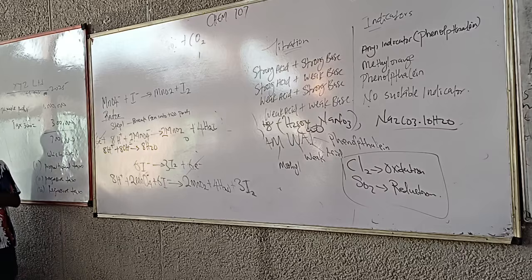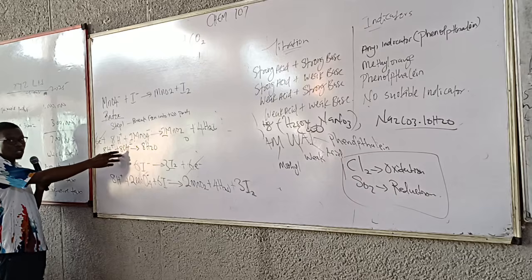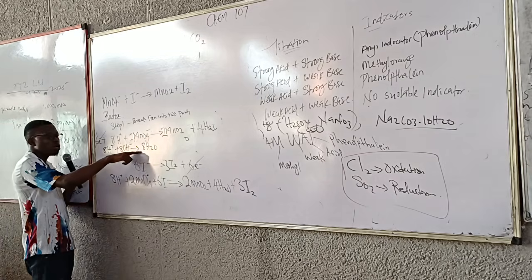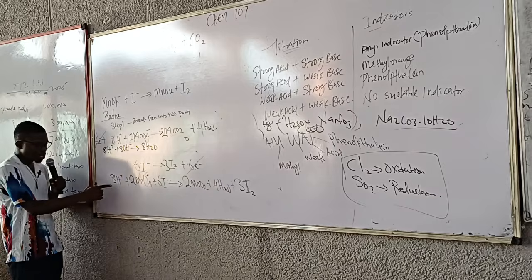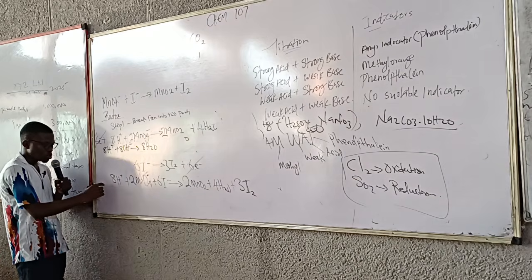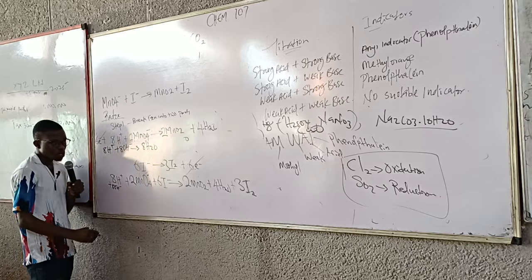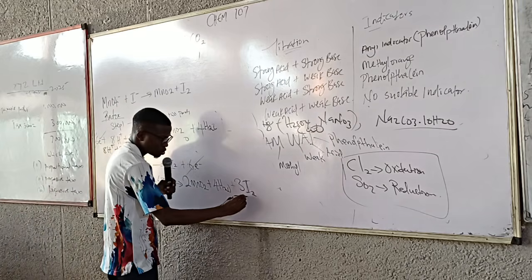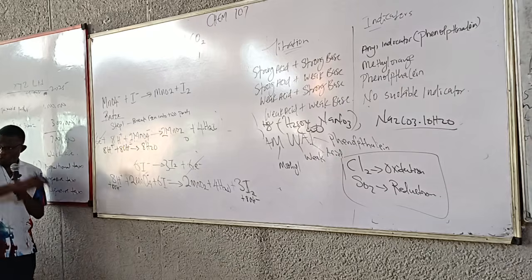Since this is H plus, if I introduce 8 molecules of hydroxide ion, I'm going to form 8 molecules of water. So when I add 8OH minus to this side, I'm also adding plus 8OH minus here too. I'm adding it in both sides of the reaction.